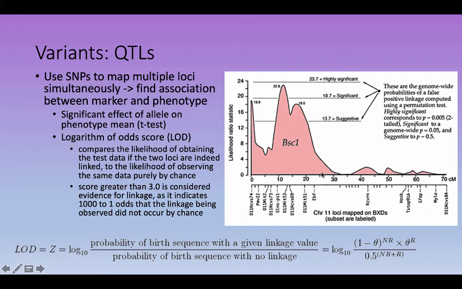This is along the chromosome as we look, and here we can find some highly significant and some significant markers that are suggestive or highly indicative of a specific region being associated with some specific trait or outcome.